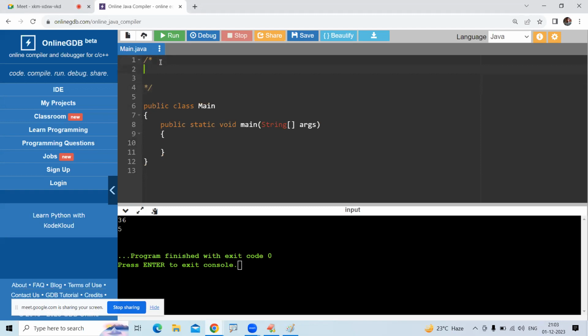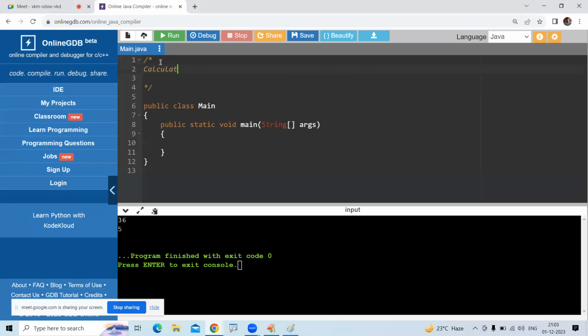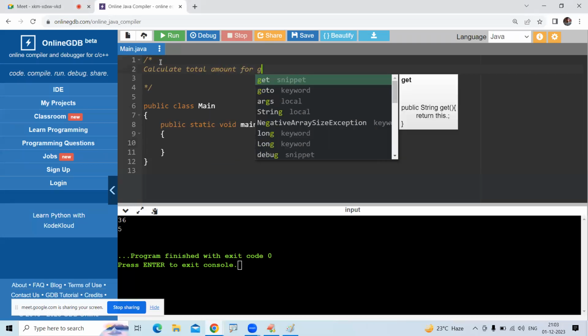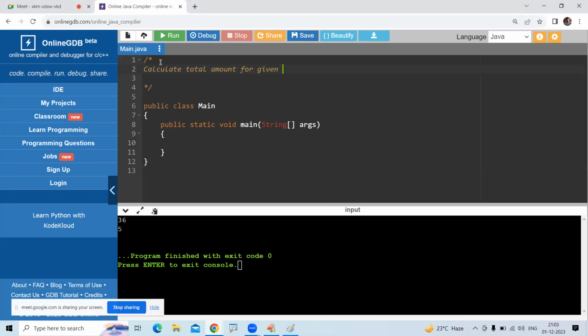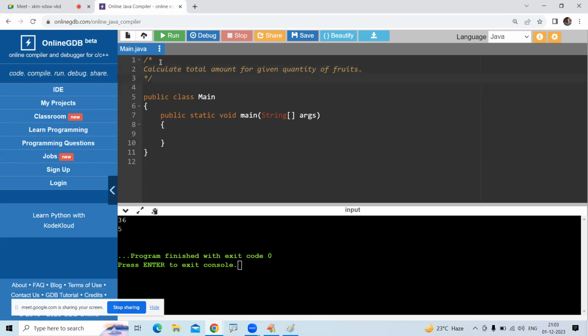The first code is to find or calculate the total amount for a given quantity of fruits. Suppose consider. So how many fruits purchased?